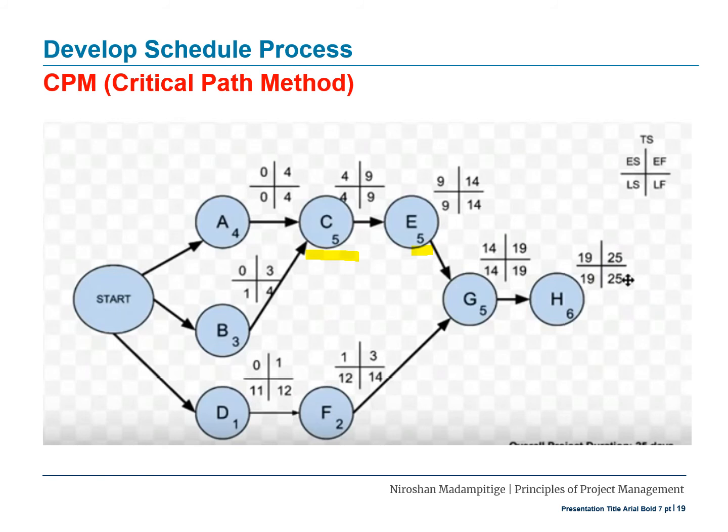So similarly, let's calculate one more activity. If you look at F, how many days does it need? 2. Yes. So how do you calculate the late start? 14 minus 2, 12 is your late start. If it takes 2 days, what is your late finish?